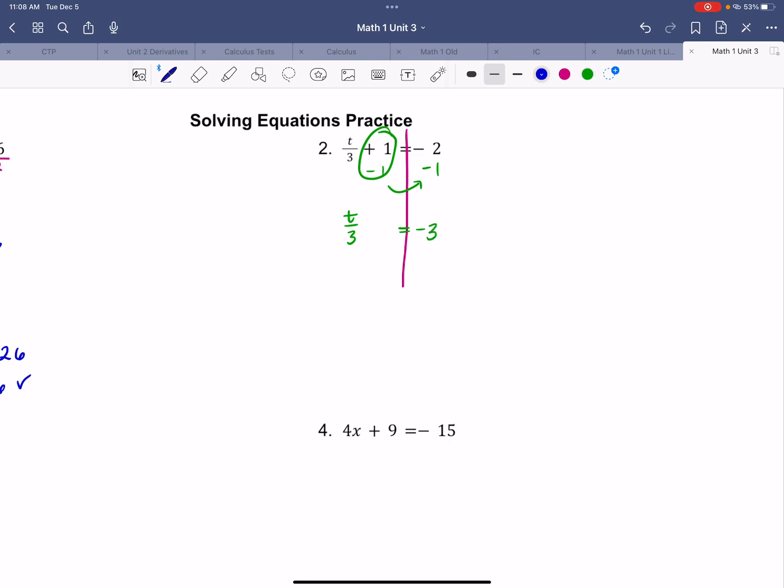Now my last move is to multiply by 3, because the opposite of dividing by 3 is to multiply. What I do to one side, I must also do to the other side. I'm drawing arrows to show you the direction of my work. My 3's cancel out, simplifying to 1, and I get t is equal to negative 3 times 3, which is negative 9.